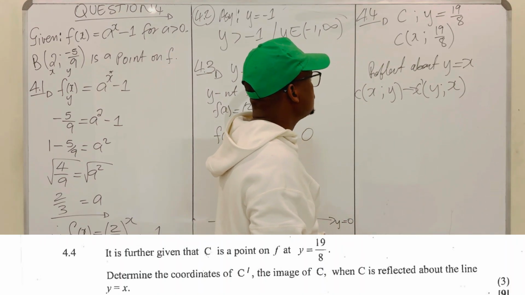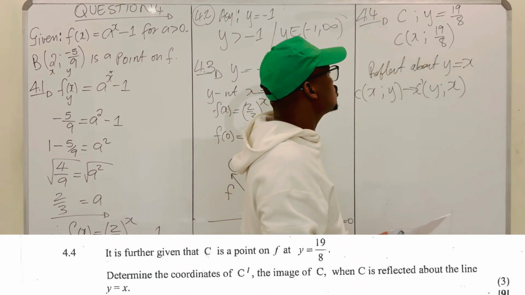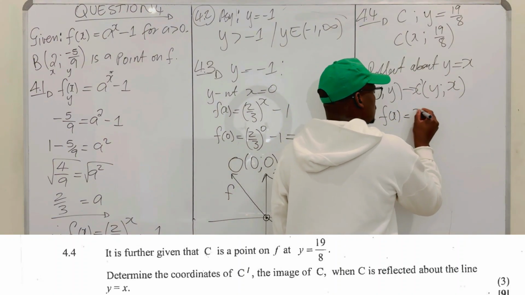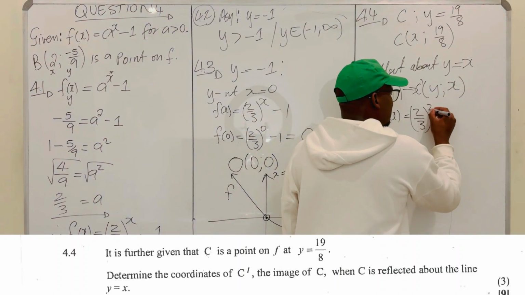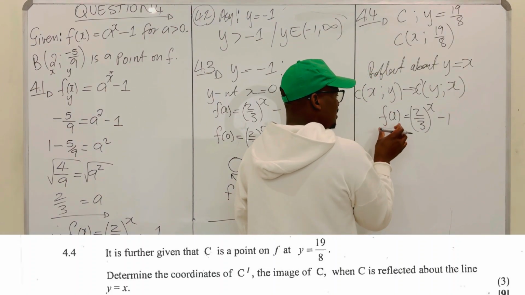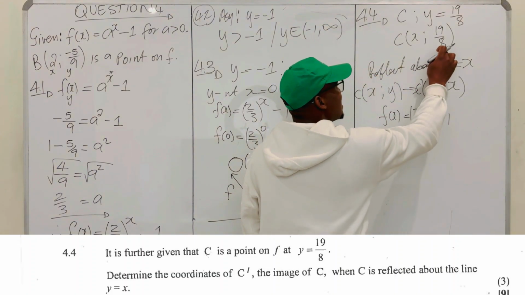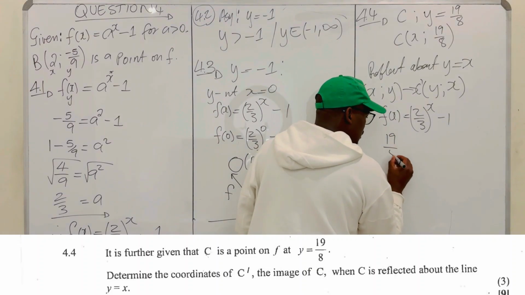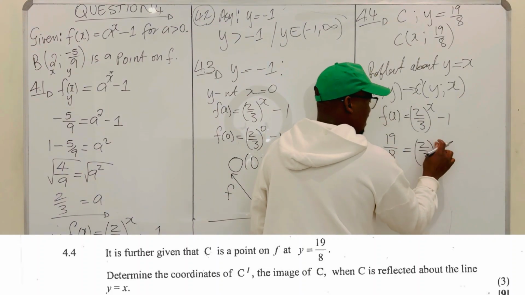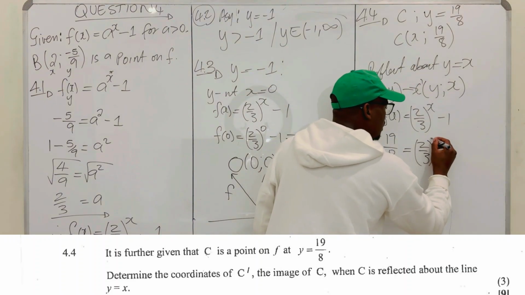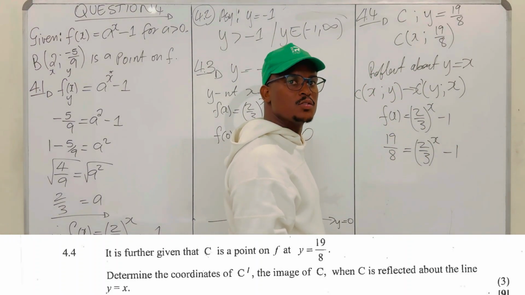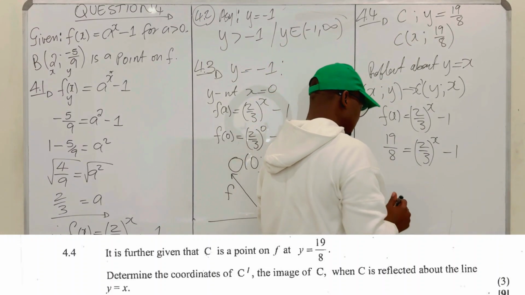We only have the y coordinate. So we found that f of x is equal to (2/3)^x minus 1. Then this is the y value, which is 19 over 8 is equal to (2/3)^x minus 1. x is what we're trying to find. Try to solve this. Take the 1 to the other side.